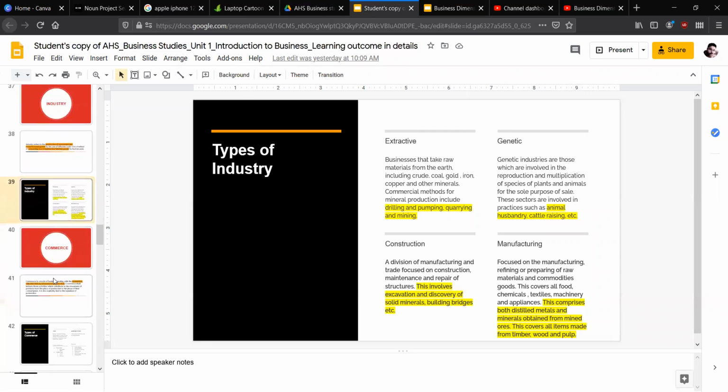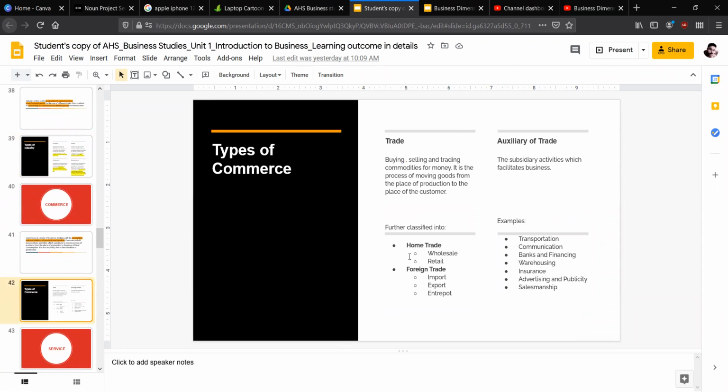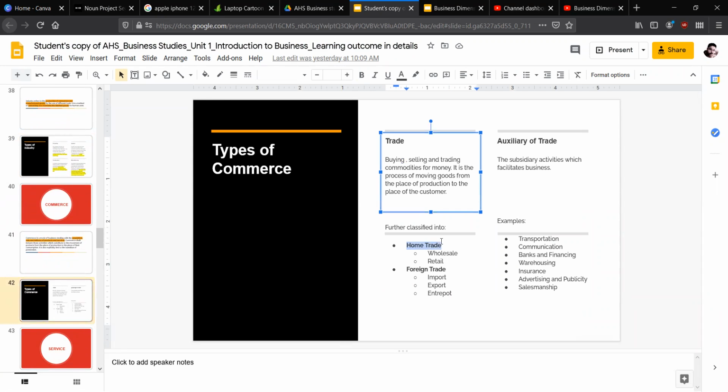Okay, then once you have done with the industry part, you're going to look at the trade part. Is it sold only in the country that it is made, or is it exported to other countries, or is it imported to your country? So import, export, if you remember in the classroom, they go hand in hand.